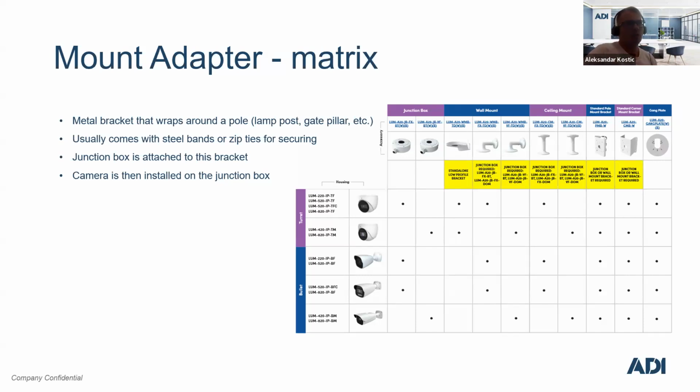You can mount it as a wall mount, ceiling mount, on the pole, etc. Just have in mind that before you decide how you will mount the camera and before you choose the specific mounting bracket, double check based on this matrix, based on the model of the camera you have, what mounting options are compatible with that camera. It's quite important just to be sure that it will match.